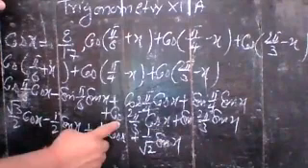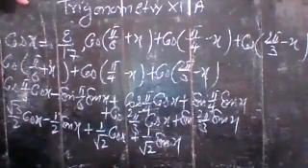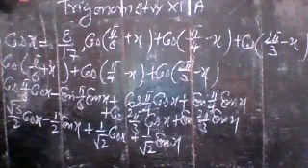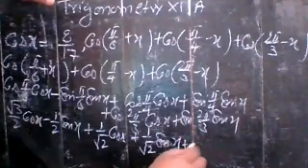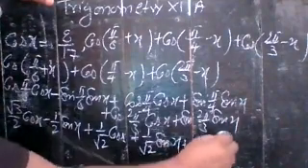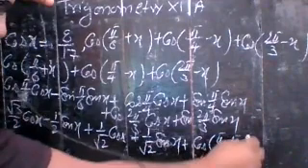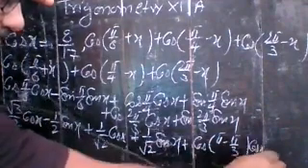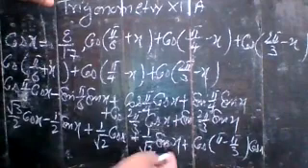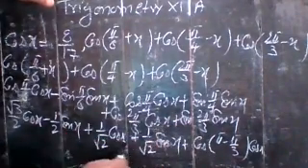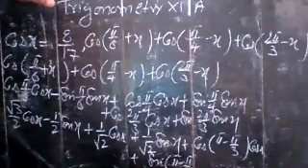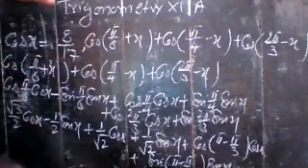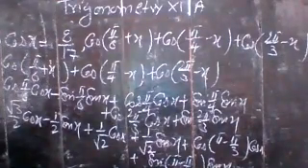And cos 2 pi by 3 can be written as cos(pi minus pi by 3) into cos x, and in the same way sin 2 pi by 3 as sin(pi minus pi by 3) into sin x. Now put the value of sin x and cos x which are given.